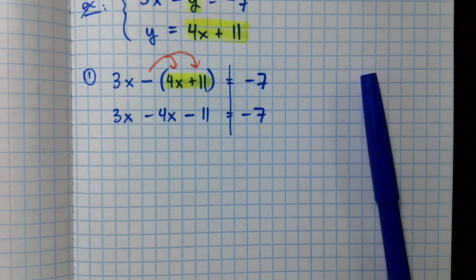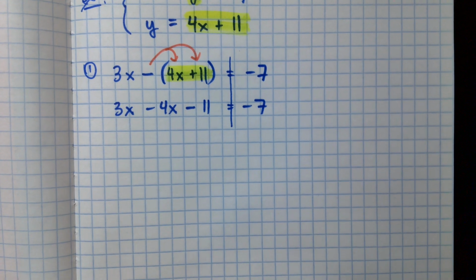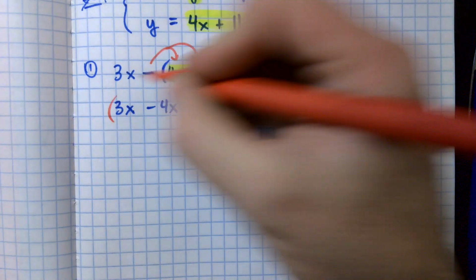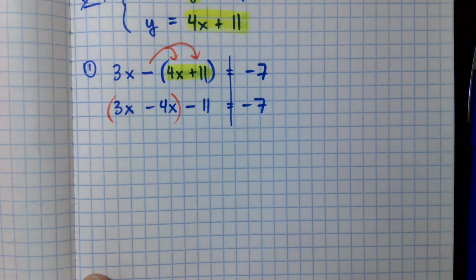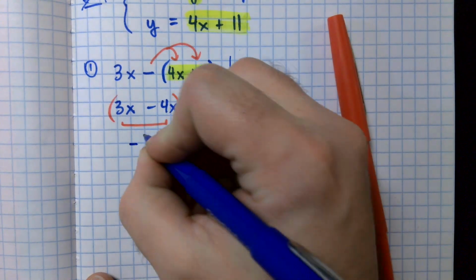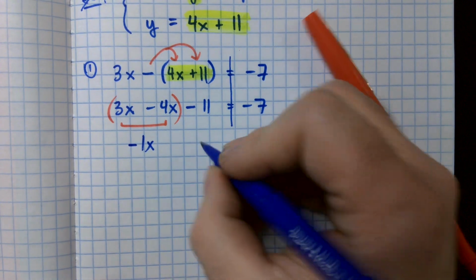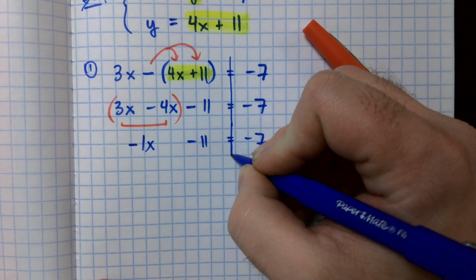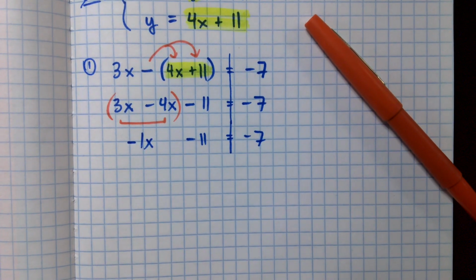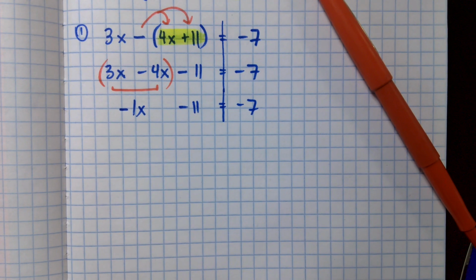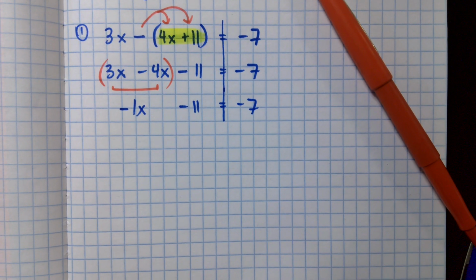Right? What do I want to do next? Combine like terms. What like terms? 11 and 7? No. 3x and -4x together makes -1x or -x. Everything else stays the same. Everybody with me so far? What's next?